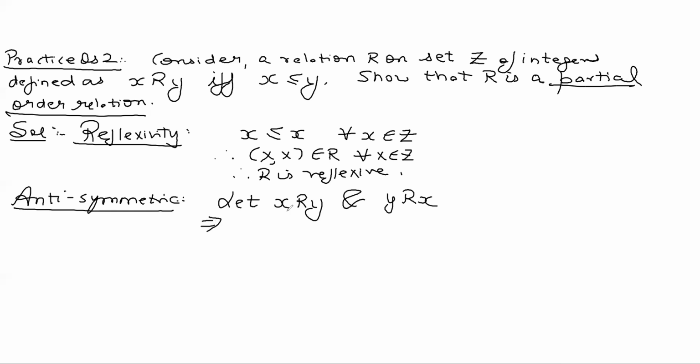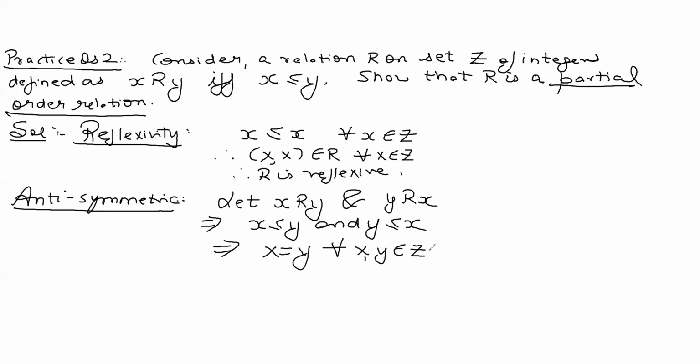This implies x is less than or equal to y and y is less than or equal to x. Guys, what does this mean? If x is less than or equal to y and at the same time y is less than or equal to x, it implies x is equal to y for all x and y belonging to integers. Therefore, R is anti-symmetric.